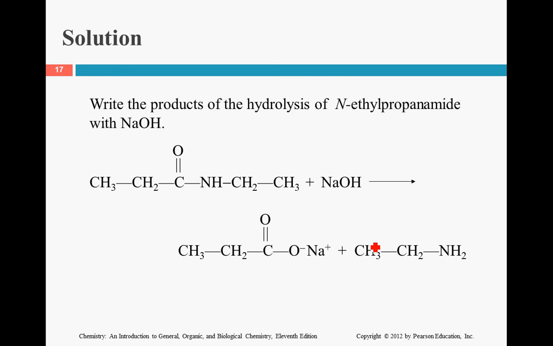And there is our answer again. Notice it goes from NH to NH2 because of this hydrogen here, and it splits off here, which would have been right there, and that's where the oxygen and sodium come in. And that is the end of the amides.